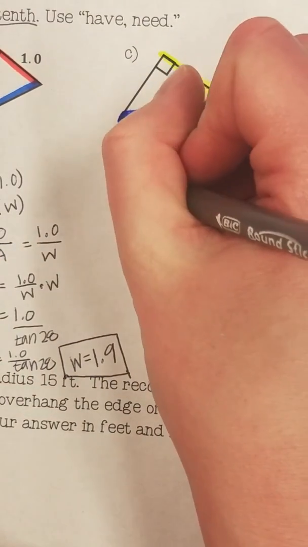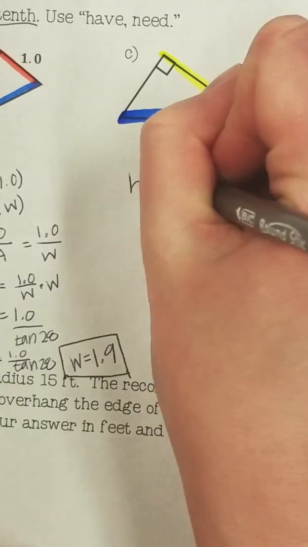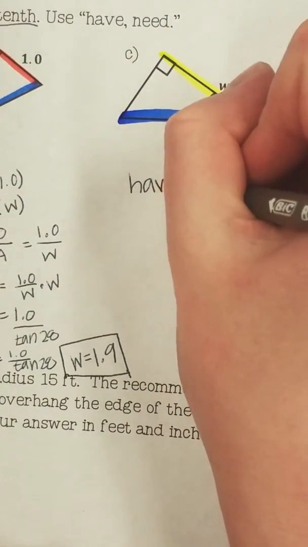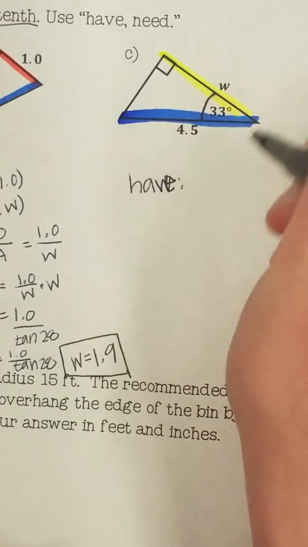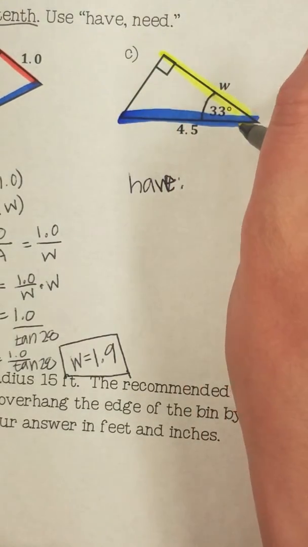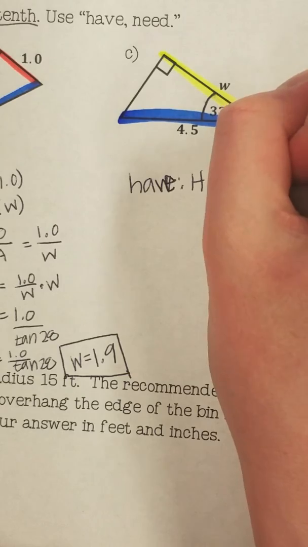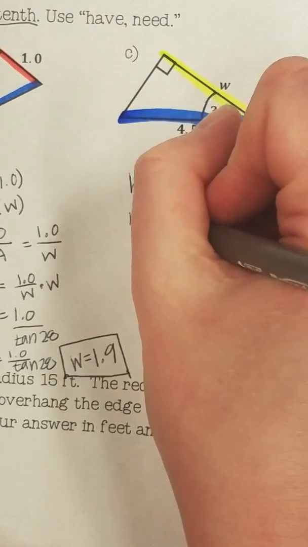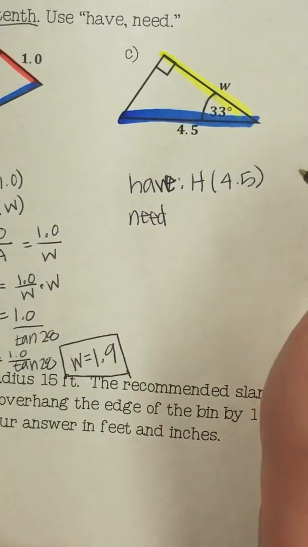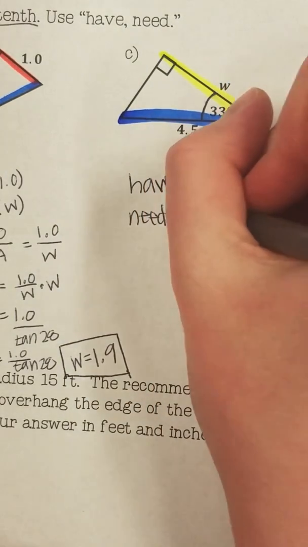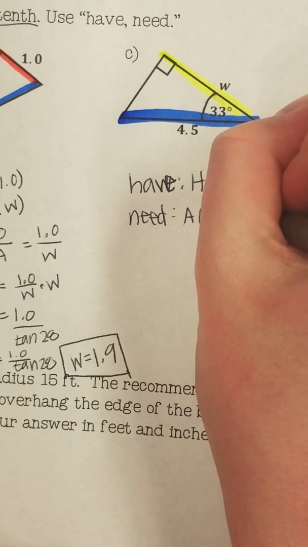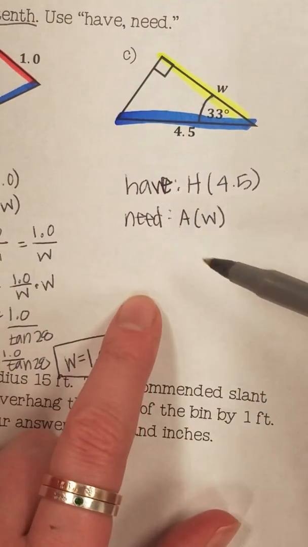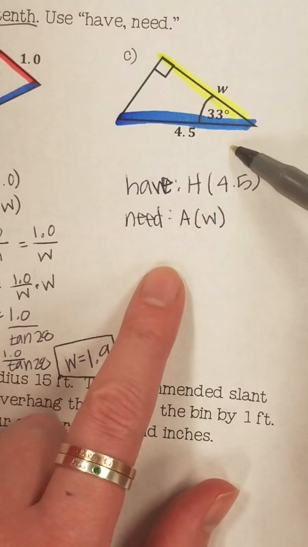Okay, we have H, which is 4.5, and we need A, which is W. Okay, now you need to think through what trig ratio has A and H.